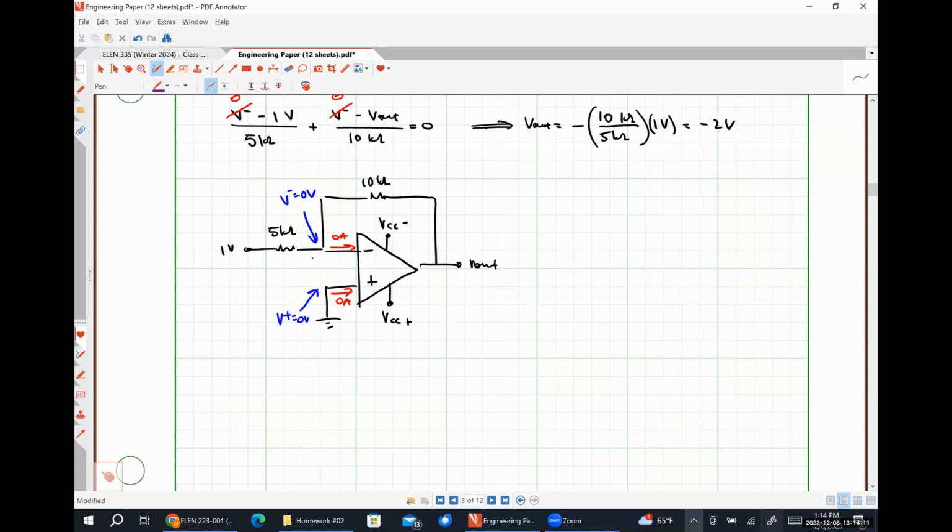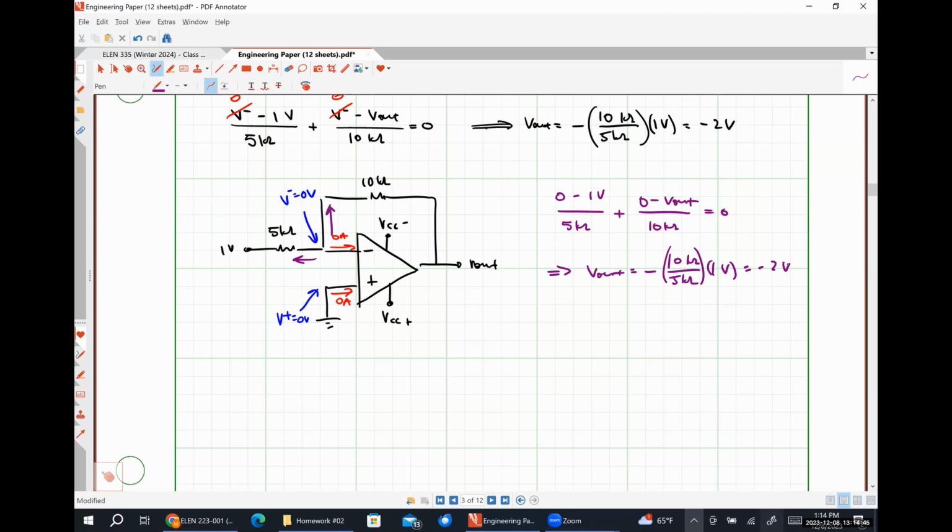Applying Kirchhoff's current law at this node, we get (0 minus 1 volt) divided by 5 kiloohms plus (0 minus V out) divided by 10 kiloohms is equal to 0. Solving for V out, we get negative 10K over 5K times 1 volt, which is negative 2 volts. The exact same result without having to redraw anything or go through any of that tomfoolery.